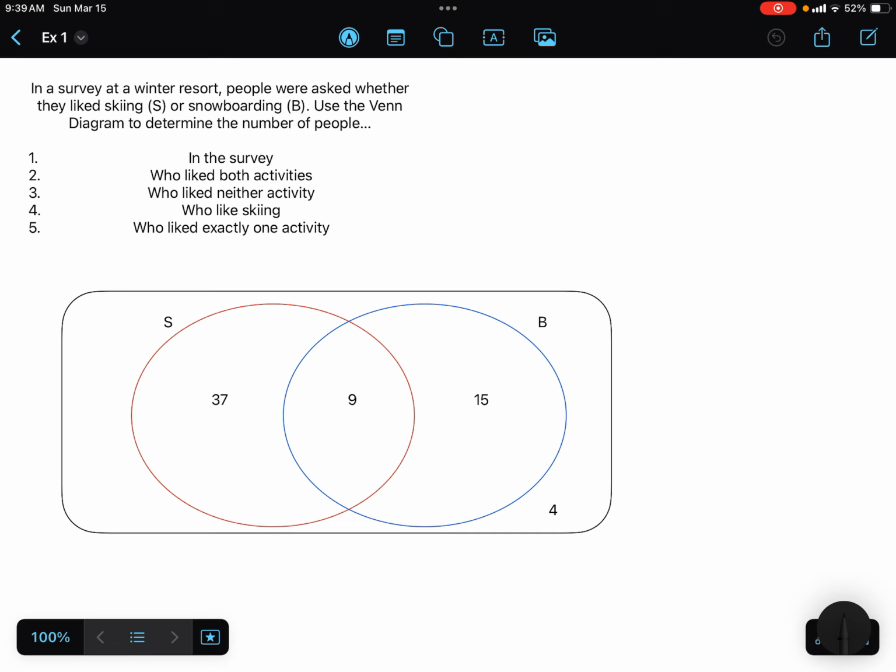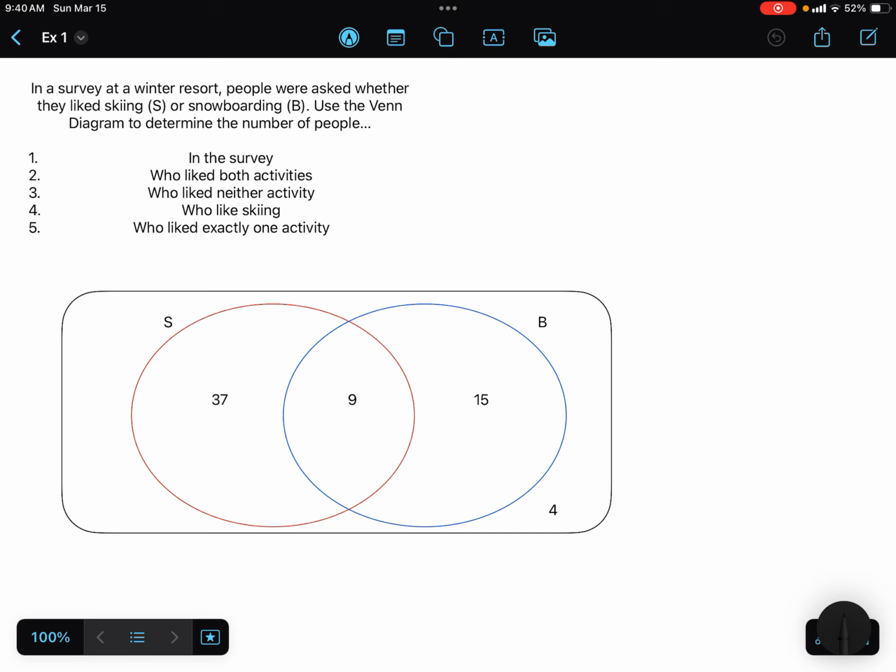And then similarly, the 15, which is part of the blue circle, but not the red circle, signifies people who said they like snowboarding, but did not say they like skiing. And then you see the 4 on the outside there, that's in neither circle. Those are the people who said they don't like either one. So you can see everybody here is represented.